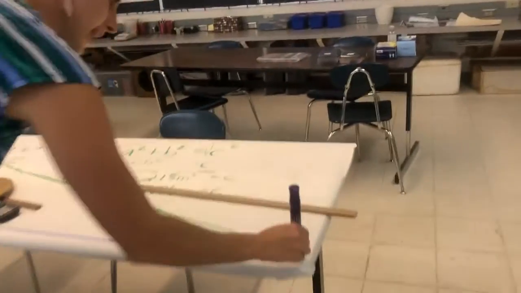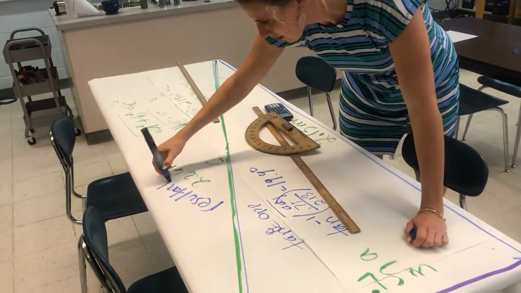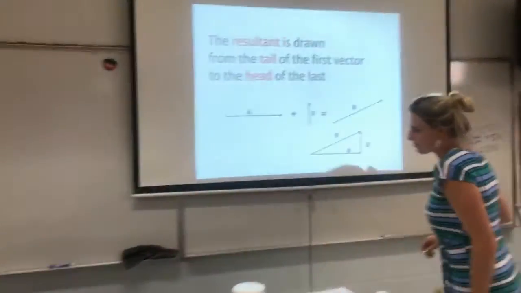So, tail of the first, all the way up here, to the head of the last. Boom. Resultant. That's how you add vectors. It's simple. It's just arrows. Arrows, baby.